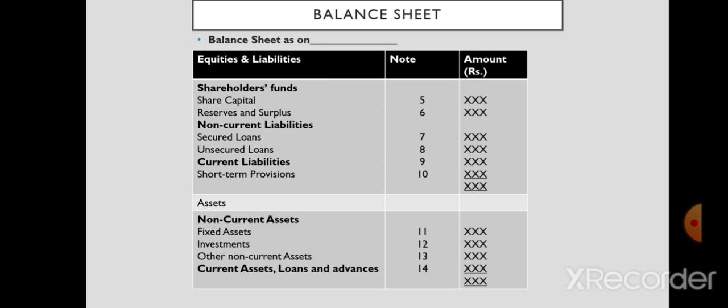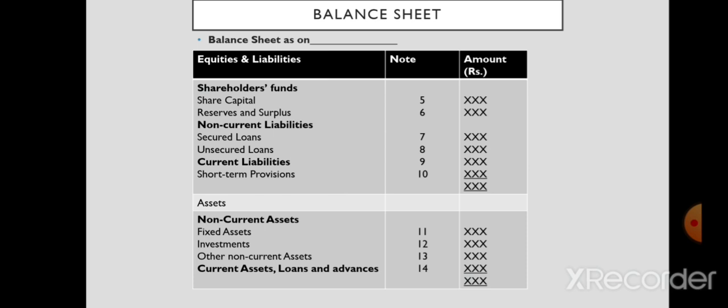The different items under equities and liabilities are shareholders' funds, share capital, reserves and surplus, and non-current liabilities like secured loans, unsecured loans, and current liabilities. Here I have just mentioned short-term provisions.